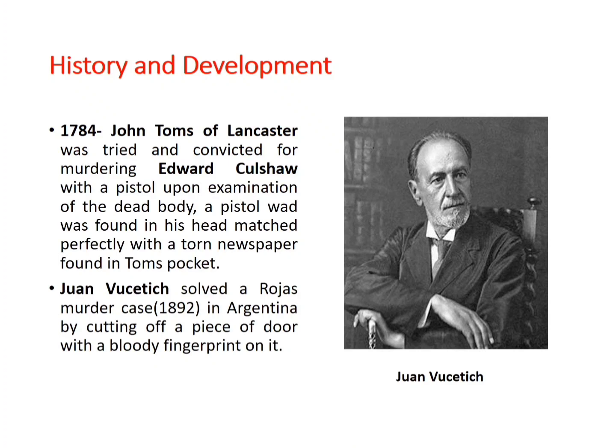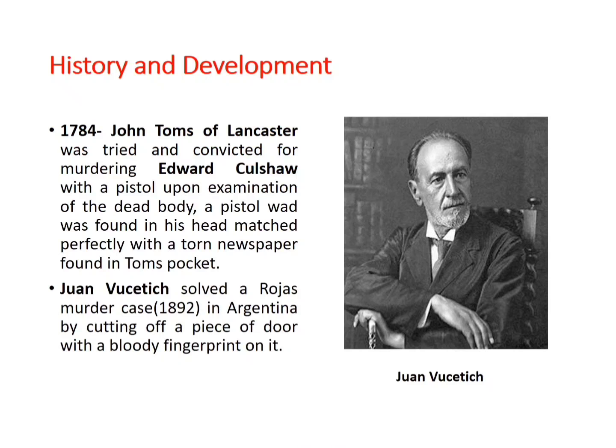This pistol wad is nothing but crushed paper used to secure gunpowder and pellets in the muzzle. After the examination, it was found to be a perfect match to the torn newspaper found in Toms's pocket, and it became the primary evidence which led to the conviction of Toms.